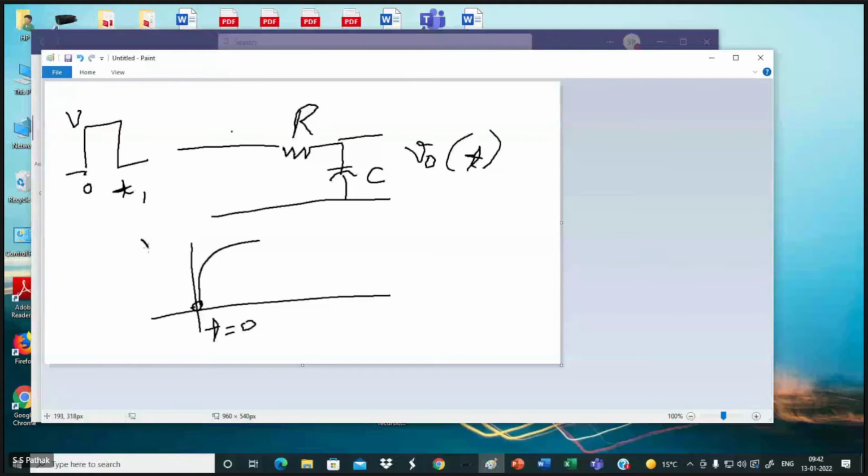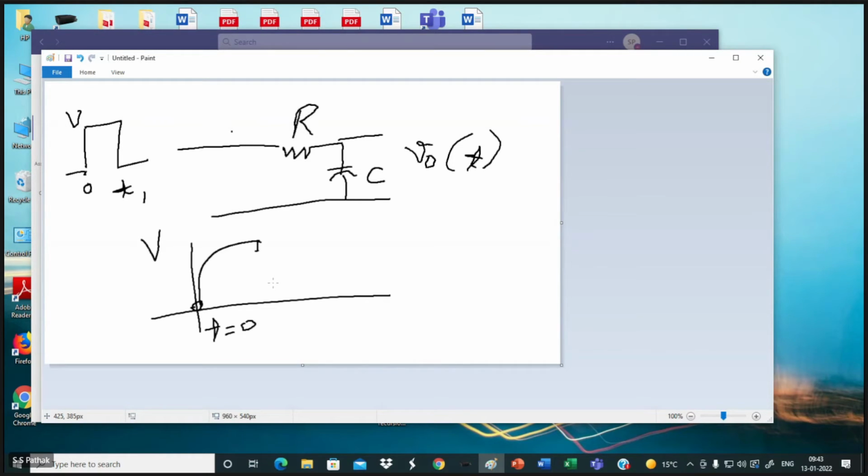In fact, I can say this will become V by the time I have come to this point. According to the charging time constant, how much voltage it reaches, we do accordingly. If I am making V, then it will be exactly V. It is up to you to modify that.